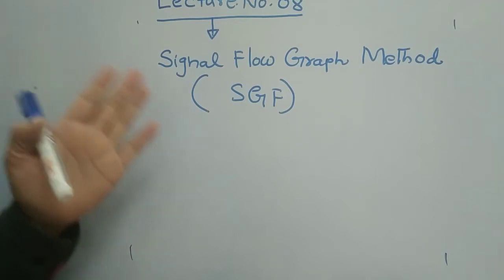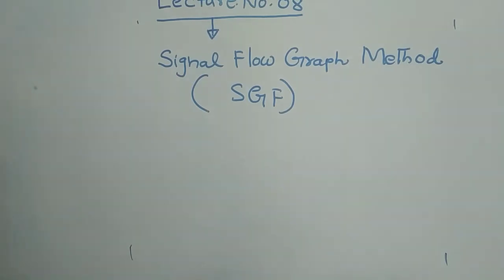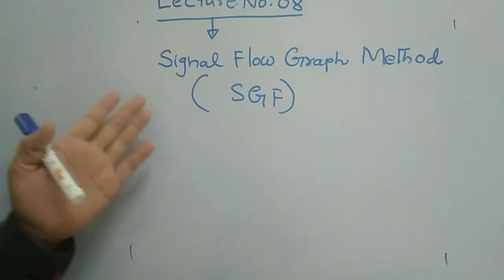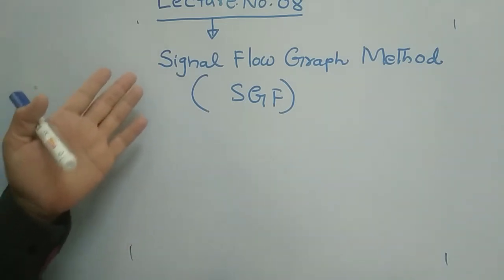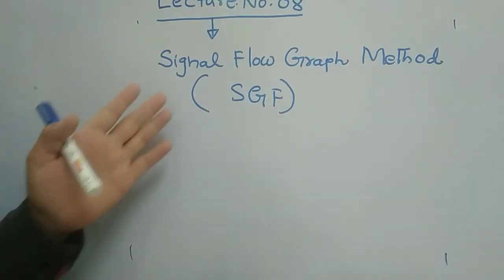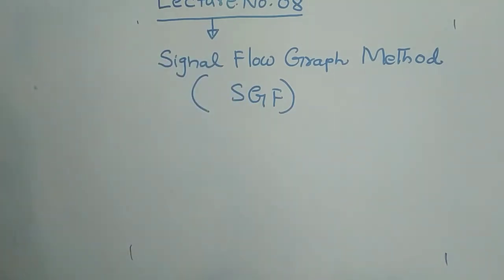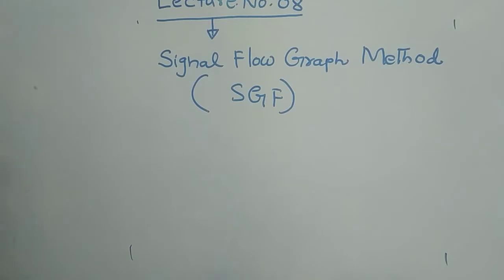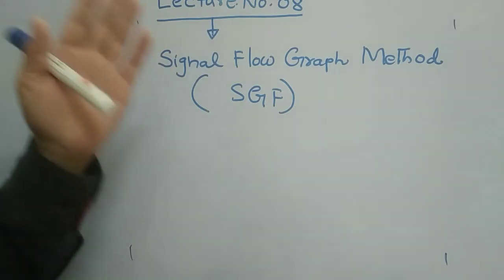As we have seen in block diagram, there we have a set of block diagram reduction rules, with which we obtained the transfer function for the given block diagram. In the same way, in the signal flow graph method, you have four important steps to find the transfer function of a given signal flow graph.